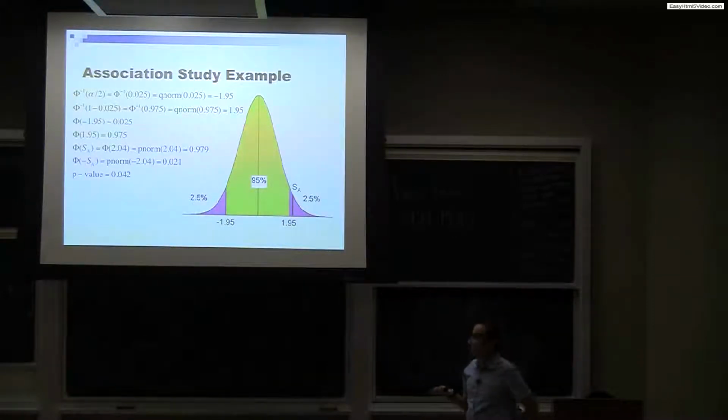Another thing you can do is, if it's greater than 0, compute the CDF, take 1 minus this, and multiply by 2. Or you can do a combination. There are lots of different ways you could do it.